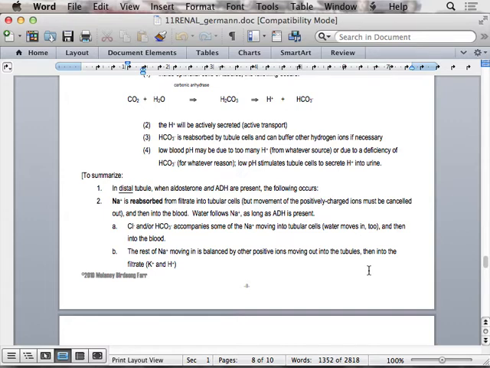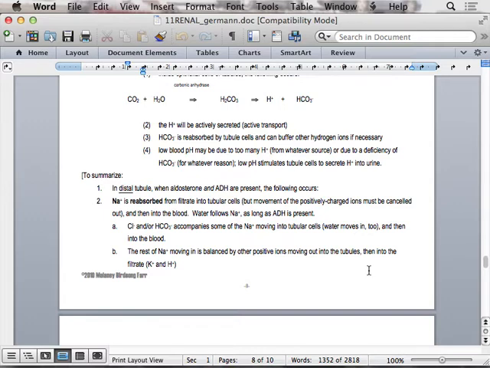And do I do any regulated reabsorption of potassium? No, can't do a thing about it. Just lose 90% at least. Do I do any regulated reabsorption of water? 0 to 35% under the influence of what hormone? ADH. Is that okay?